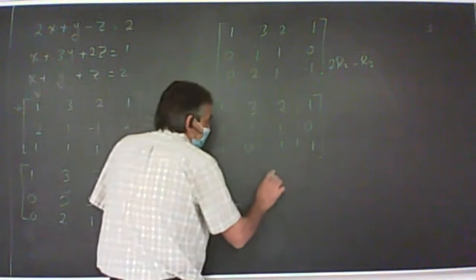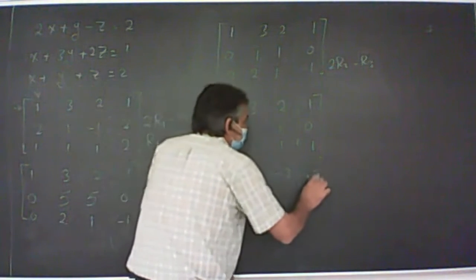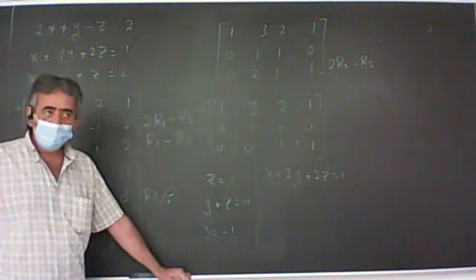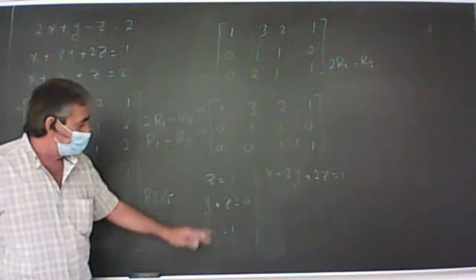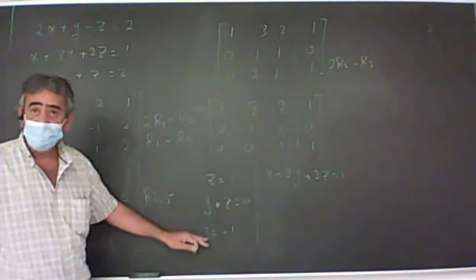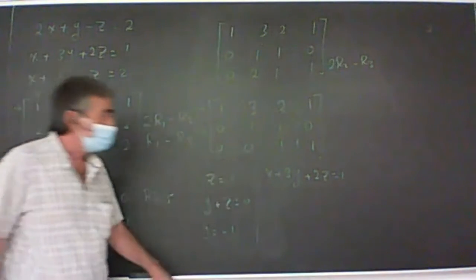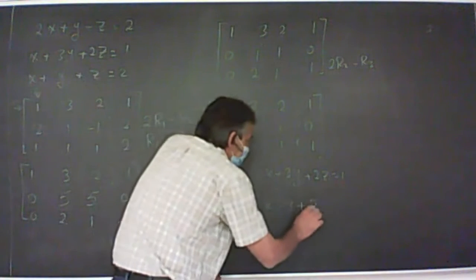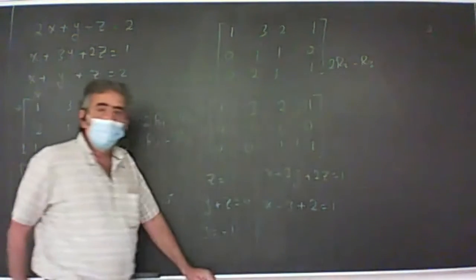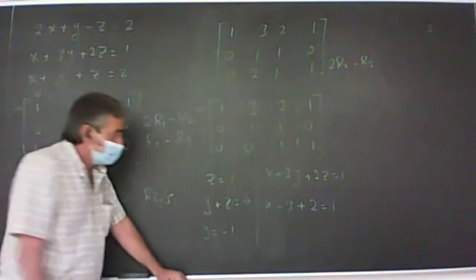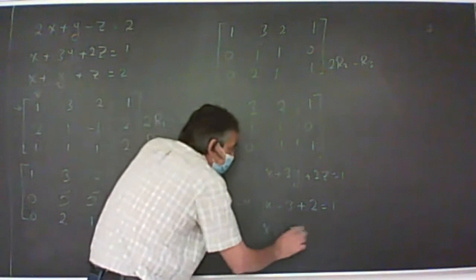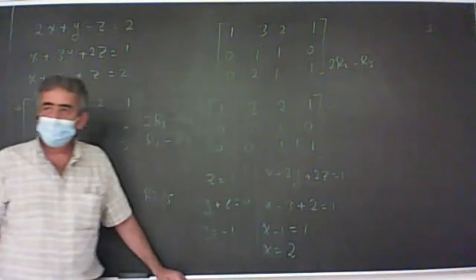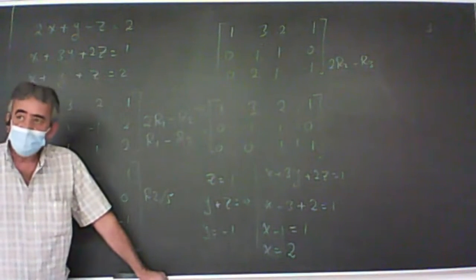It says x plus 3y plus 2z equals 1. We already know what y is. We already know what z is. We can substitute, right? So we have x minus 3 plus 2 equals 1. Okay? So x minus 1 equals 1. X equals 2. So now the system is solved. Okay?